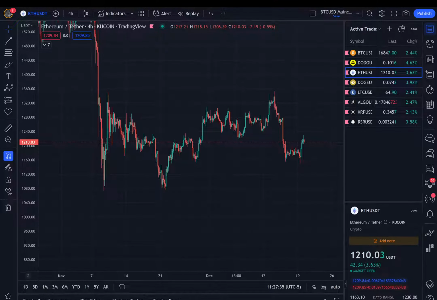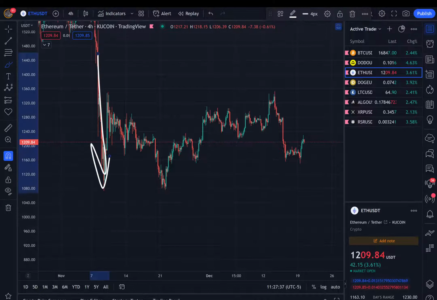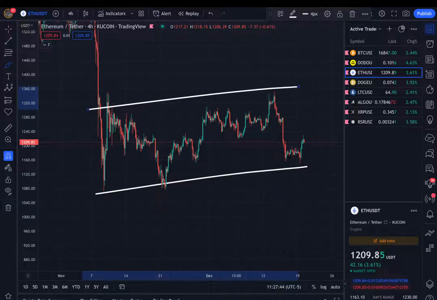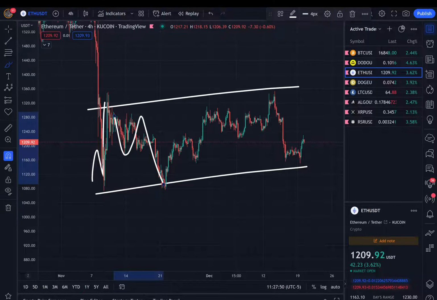This was the FTX drawdown right here, okay? And this was the resulting range of accumulation of the FTX drawdown. And what you have here is, again, 2 degrees of AB basing. I'm counting it with you right here.